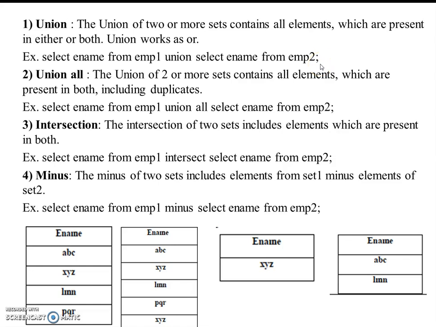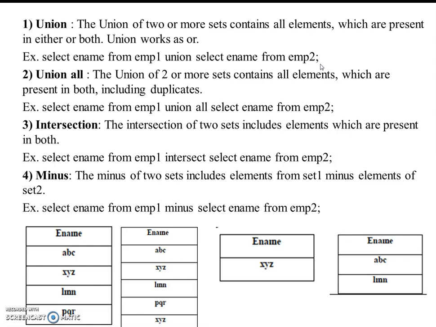But if in the practical I want to take the duplicated values from both tables, then union all can be performed. So the difference between union and union all is that union never takes a duplicated value, but union all takes duplicated values, and the syntax of both is similar except for their keywords, union and union all.